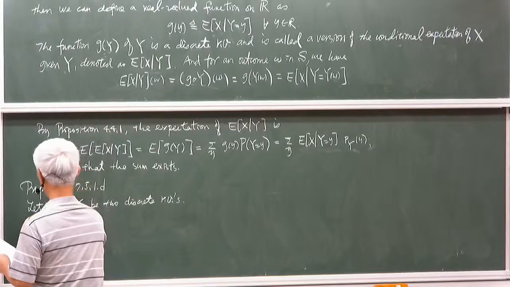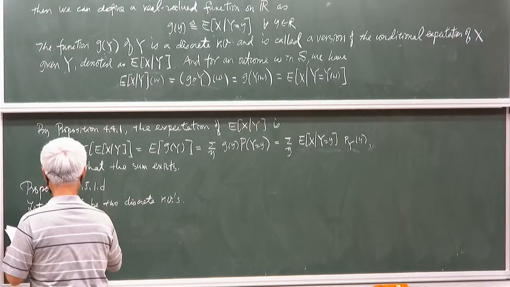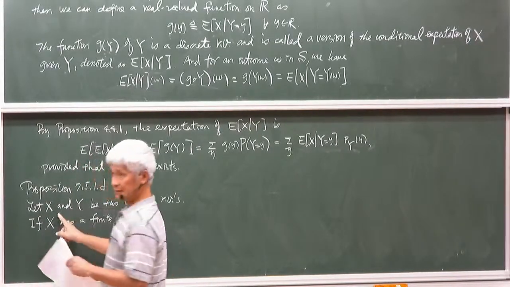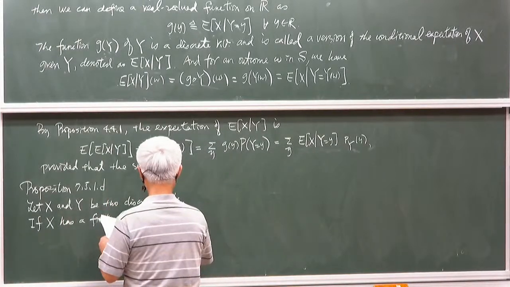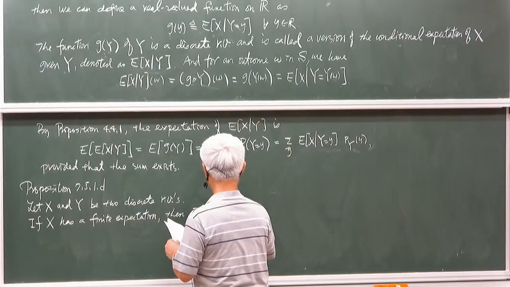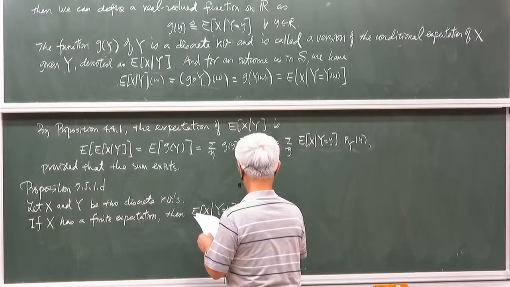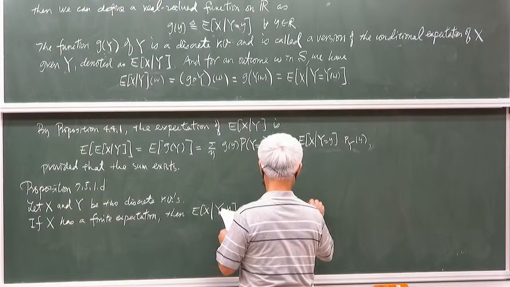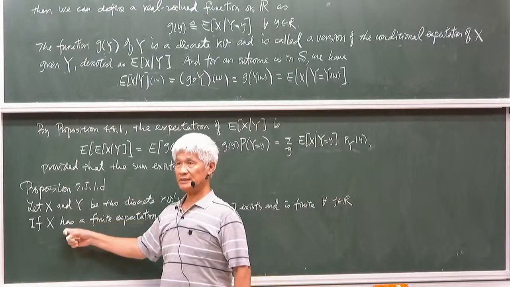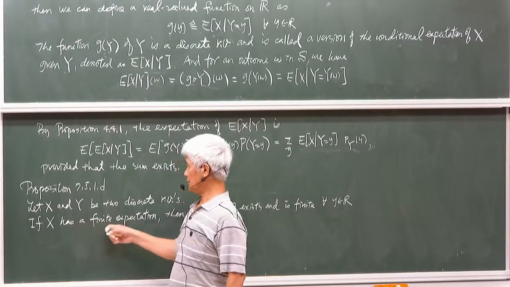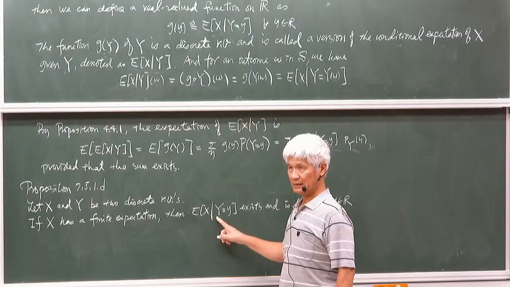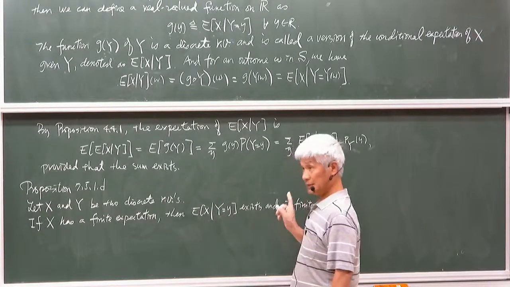If X has a finite expectation, then the conditional expectation of random variable X, given that random variable Y is equal to little y, exists and is finite for all y in R. So this is a sufficient condition to guarantee that for all y in R, this conditional expectation of X given Y equal to little y exists and is finite.